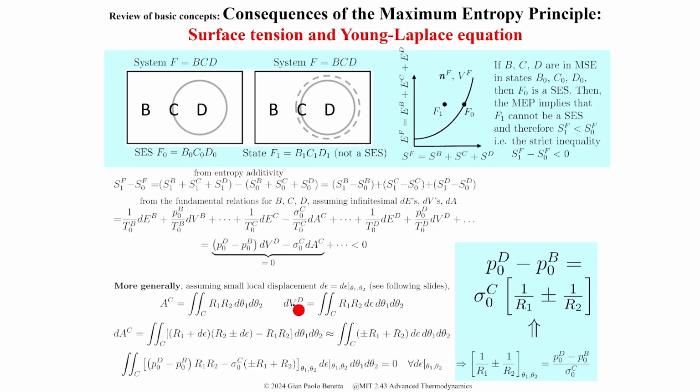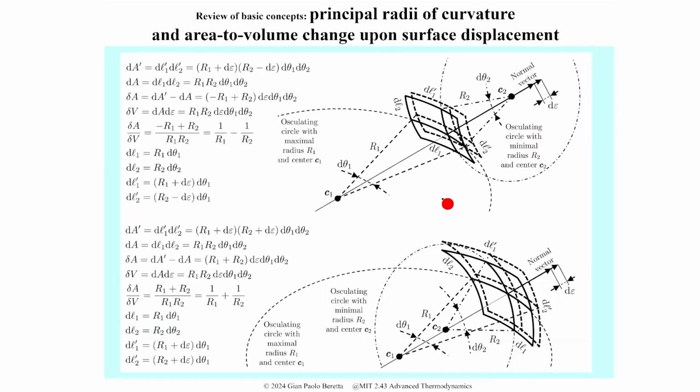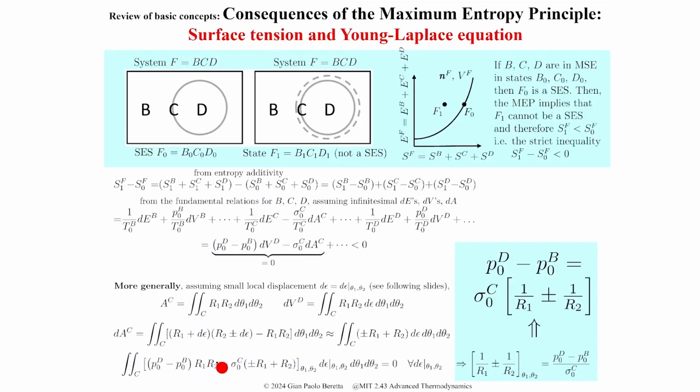If you go on and do all the math, you calculate again the change in area. It's again r plus the epsilon, and r. Now it's plus or minus the epsilon, because when you move the surface on one side, one radius of curvature increases and the other decreases by the amount epsilon.